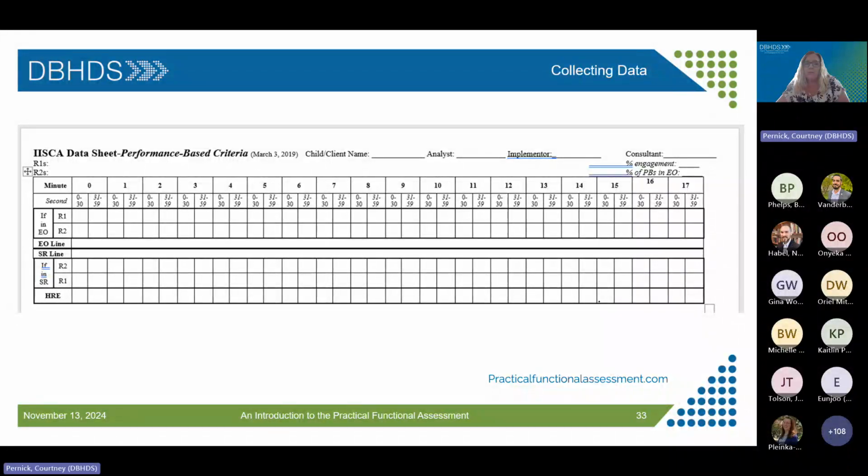We continue in the reinforcement context, marking our 30-second intervals. It looks much better when you do it with pencil and paper and not a computer mouse. But you want to get all the way to 5 minutes before you start your EO progression. So there's our 5 minutes of HRE.